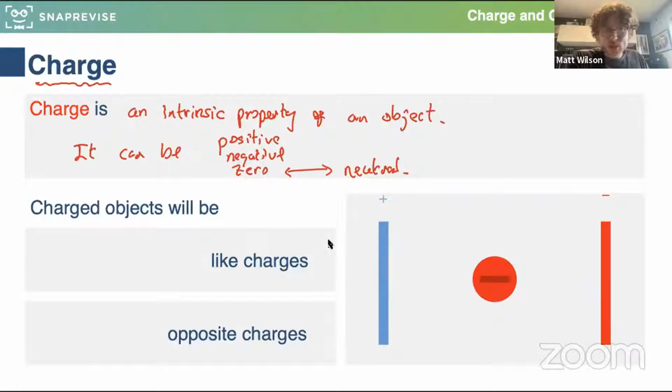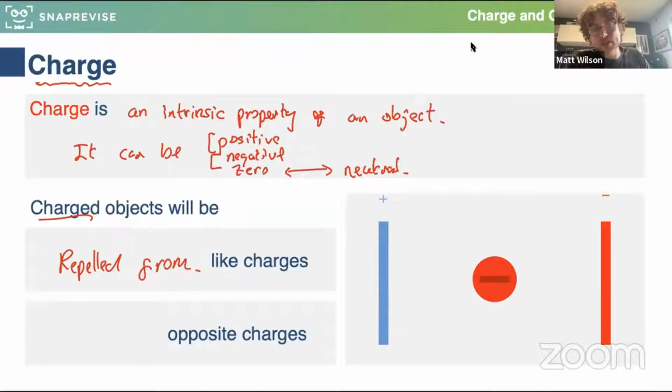Now, because we have these two different kinds of charge, they have quite interesting behaviors. Let's give the two rules. We can say that any charged object will be repelled from like charges.